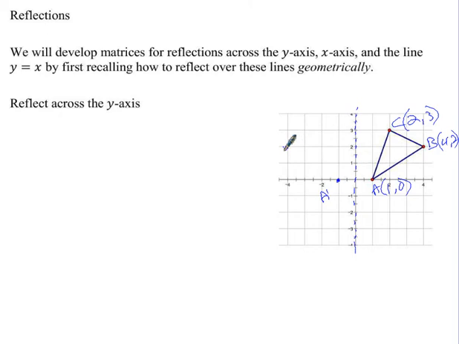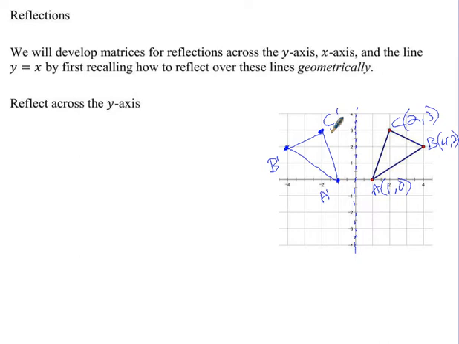Now I have B prime. And I reflect across 1, 2, so 1, 2, there's C prime. And we'll figure out those ordered pairs here in a little bit. So that's my figure. I'm just going to connect these dots here without a ruler, so forgive my wavy lines. That's the figure reflected across the y-axis.